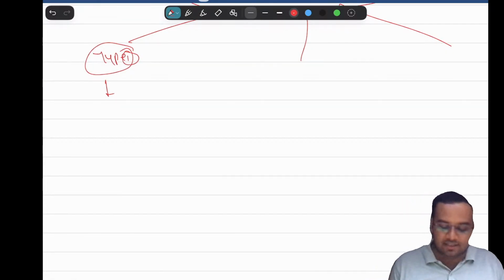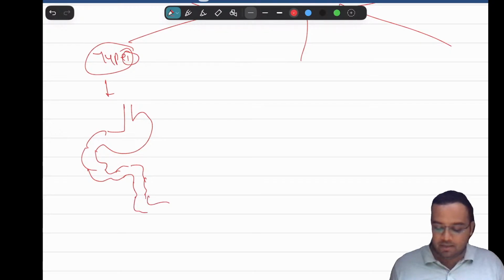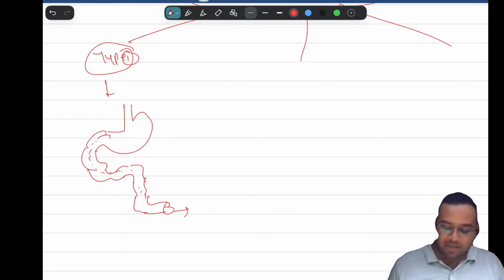So this is the patient's stomach, this is the duodenum, and this is the beginning of the jejunum, and this jejunum is out on the skin as the stoma. Only this part is where the food is going to be absorbed, and there might be resection up to the right hemicolon, and from there the patient might be having large bowel.